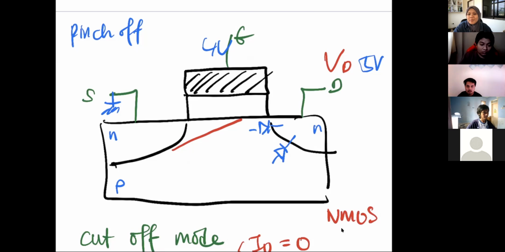That's why there will be a pinch off. You understand? What VGD? What just now? VGD equals VDS minus VGS. Okay.